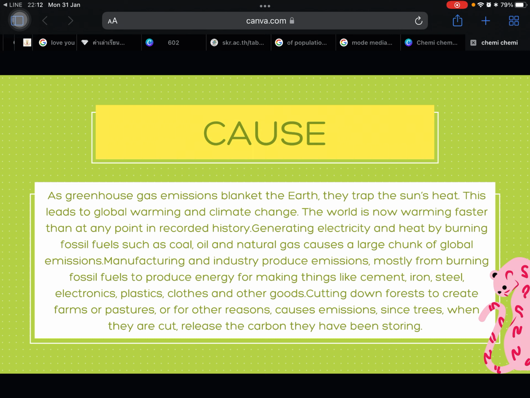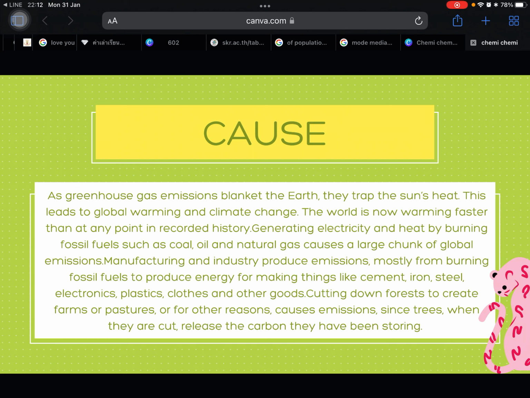The world is now warming faster than at any point in recorded history. Generating electricity and heat by burning fossil fuels such as coal, oil, and natural gas causes a large chunk of global emissions.